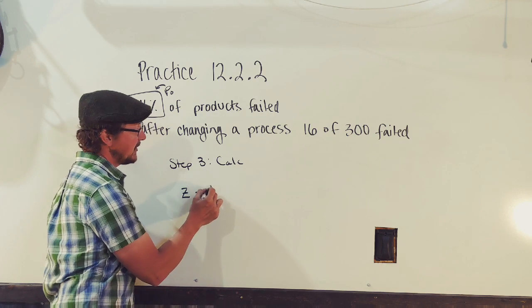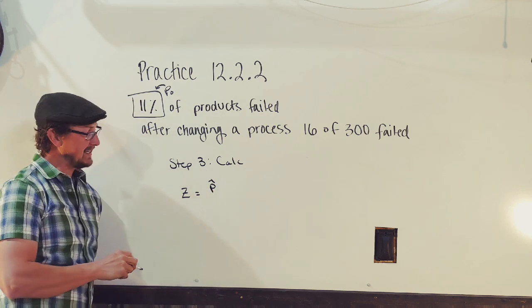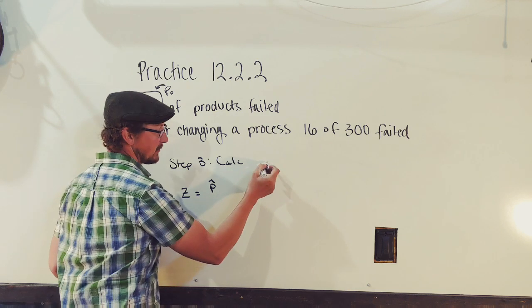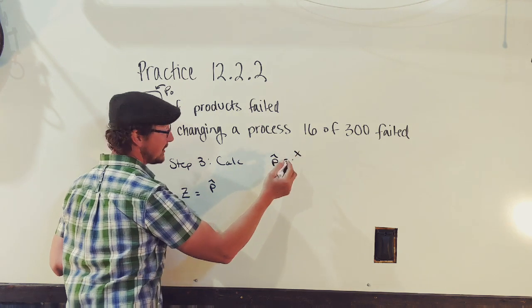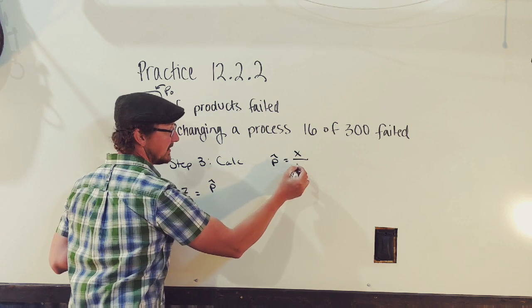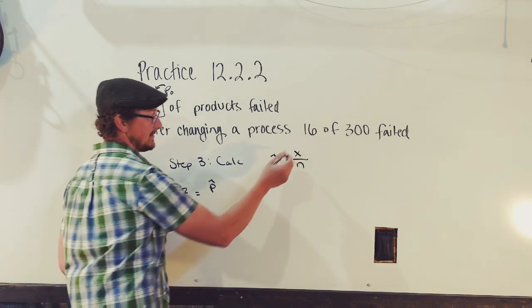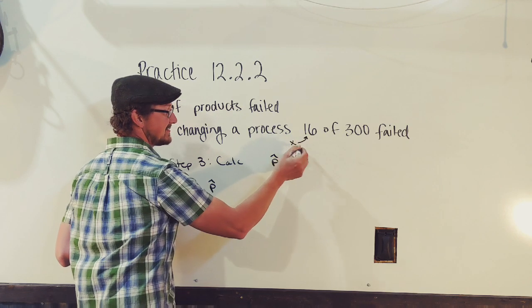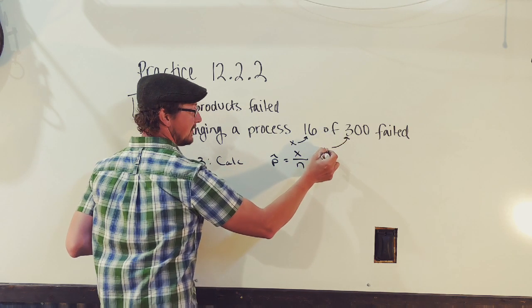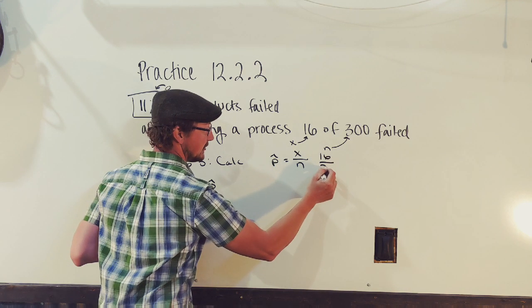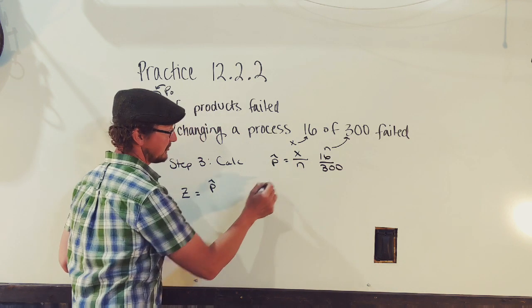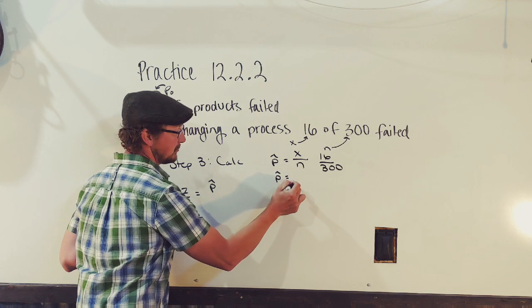Z is equal to my sample proportion, p hat. Let's talk about that real quick off to the side. P hat, the sample proportion rather, not sample mean, is x over n. That is to say 16 over 300.